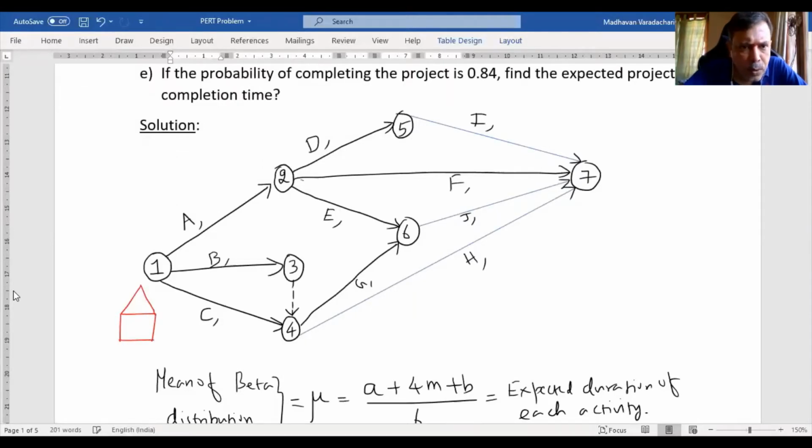Then for node 2, again there is a triangle and a rectangle. For node 3, node 4, node 5, node 6, and then node 7.